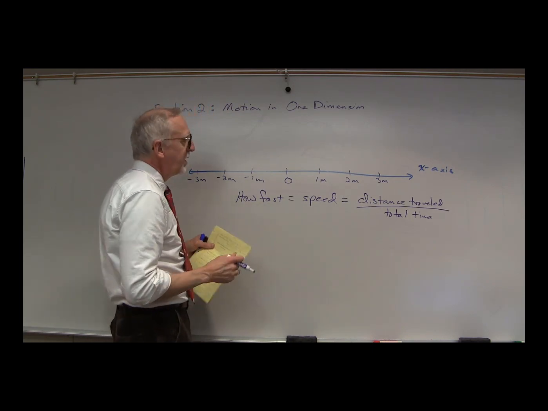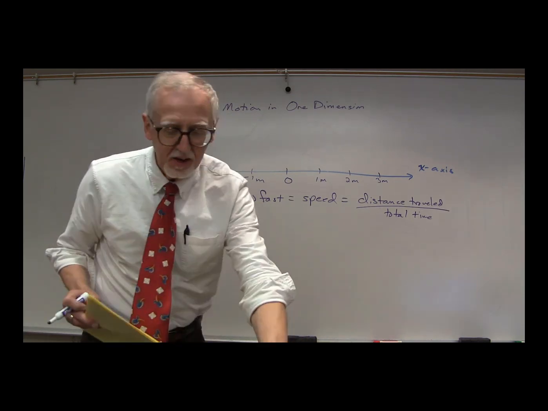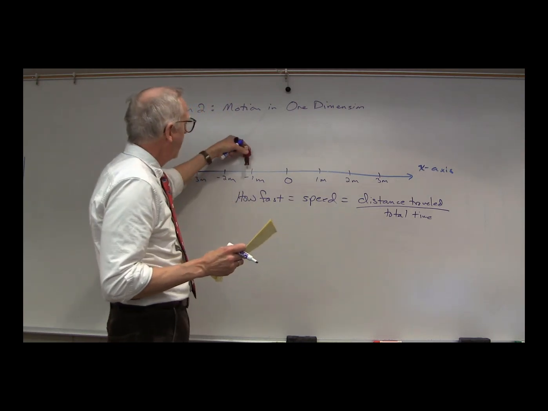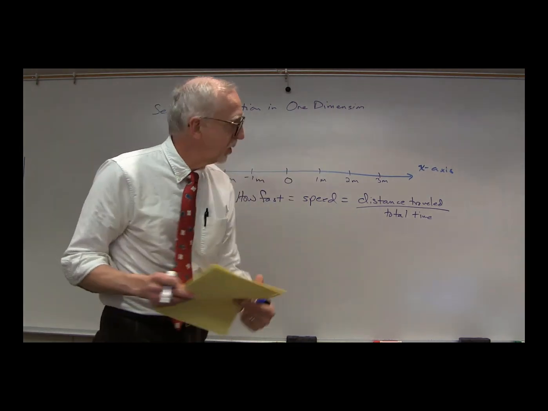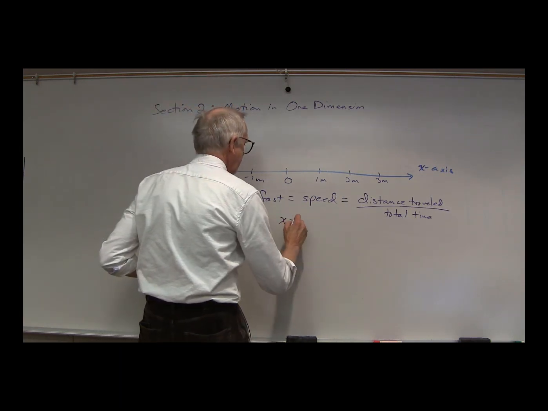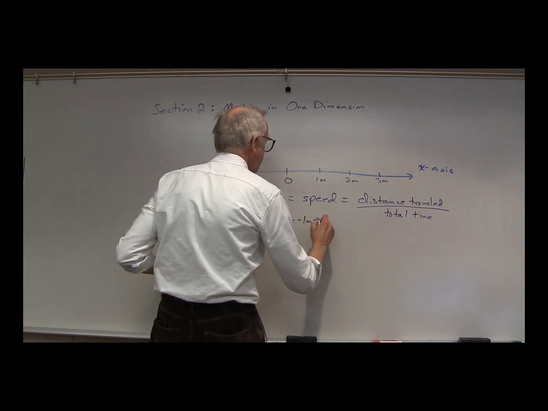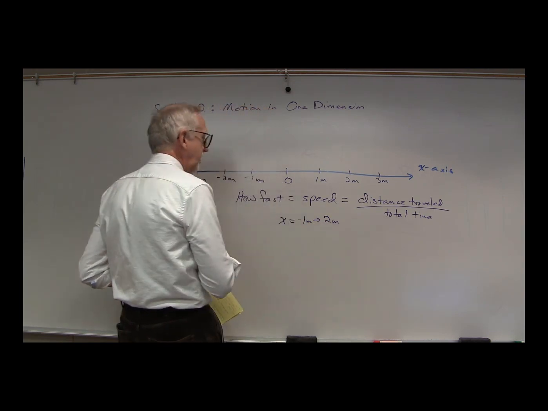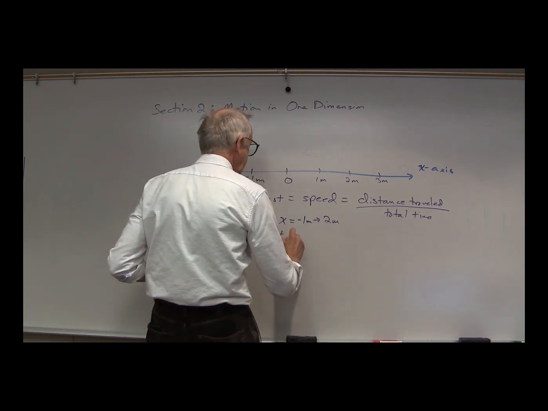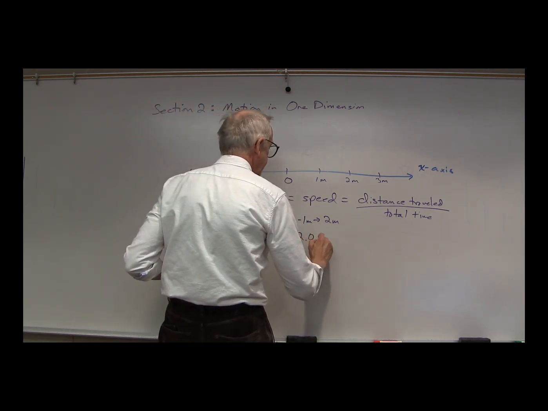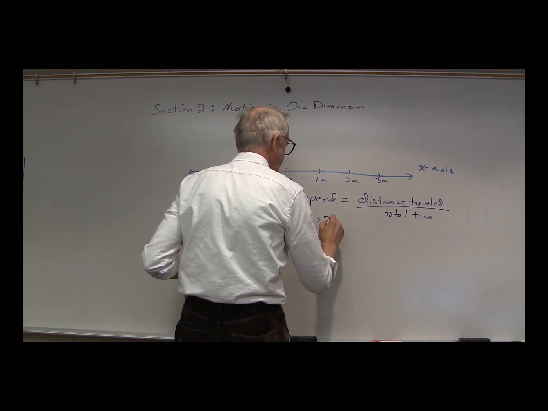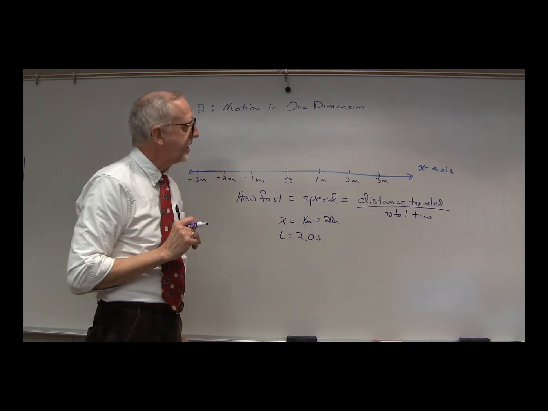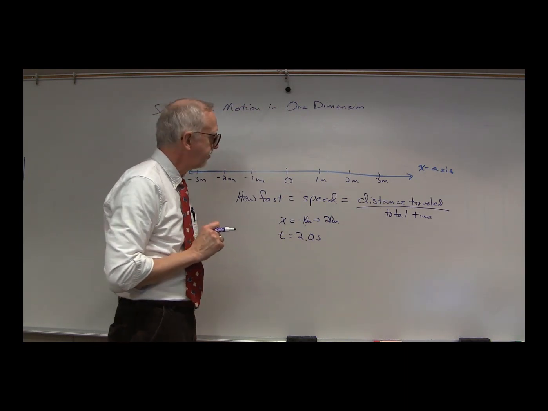So, for example, let's imagine that our person goes from -1 to 3. So let's imagine that x goes from -1 meter to 2 meters in, let's say, a time of 2 seconds. So what's the speed in this case?